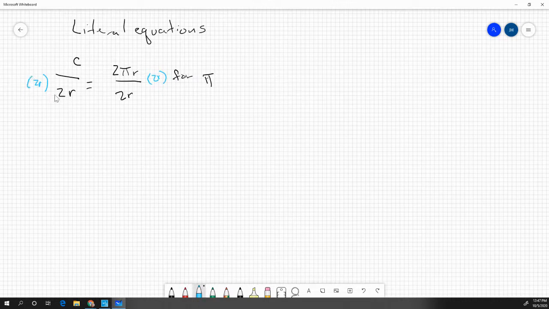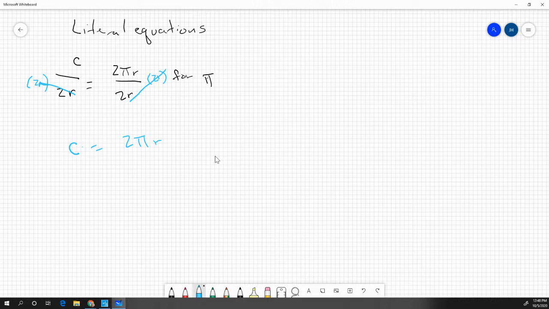This is 2r over 2r, so it is going to cancel out. I'm going to be left with c on this side. This 2r is going to cancel out the other, right? And I'm going to be left with 2 pi r on this side. So I've eliminated our denominator at this point.